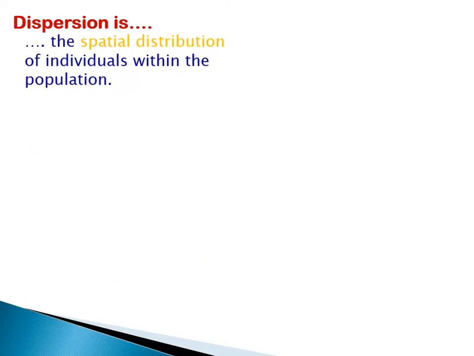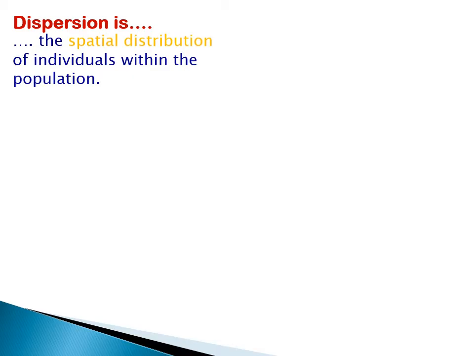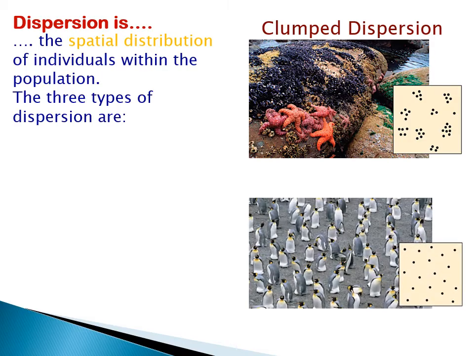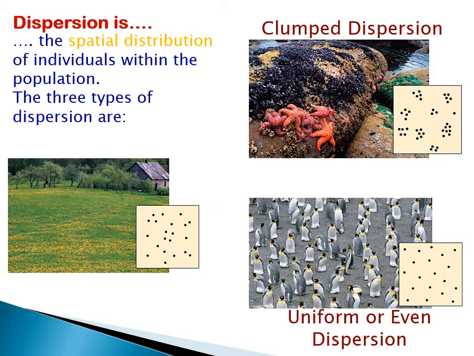So dispersion is the spatial distribution of individuals within the population. There are three main types of dispersion. There is clumped dispersion. There is even or uniform dispersion, where they all have their own little space, like these penguins here. And then there is random dispersion.